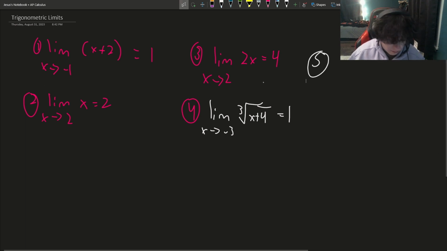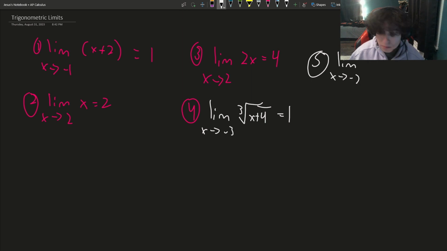Number 5. That was a very bad 5. Number 5, we have the limit as x approaches -2 of x squared over 2 minus 2x.